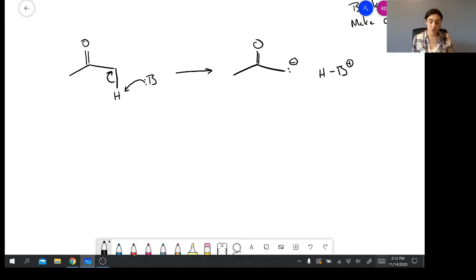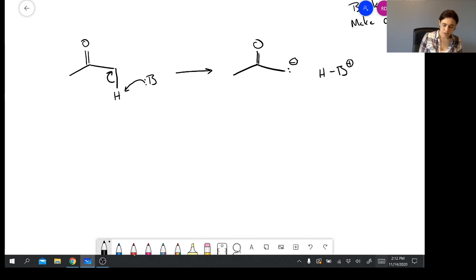Now remember that we also have to conserve charge, so here everything is neutral in the starting material. Therefore, if we're going to form a carbanion, that means that our base now becomes a cation. All right.